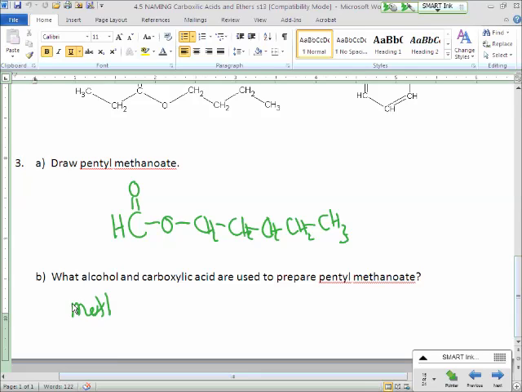I would have to have methanoic acid plus pentanol. And actually, it doesn't tell me what carbon it's on. So if we're going to assume this one, I guess it's 1-pentanol. Because if it was another pentanol down the chain, then I'd have it stuck to the middle of the chain. So technically, I would need 1-pentanol. And that would make it. All right, that's perfect.